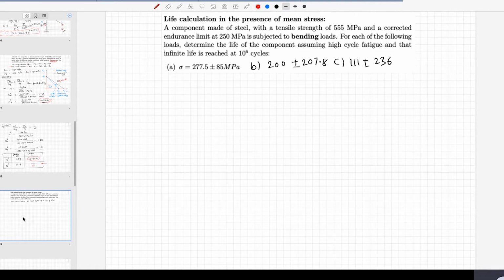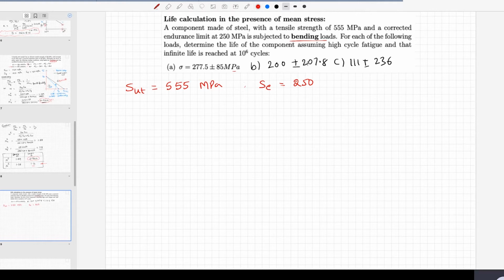We have a component made of steel whose tensile strength is 555 MPa and a corrected endurance strength, or SE, of 250 MPa, subjected to bending loads. For each of the following loads, find the life of the component, assuming high cycle fatigue and that infinite life is reached at 10 power 6 cycles.